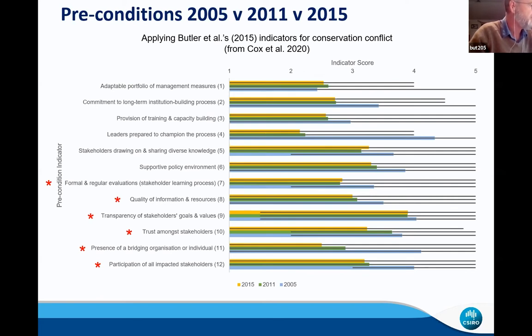The transparency of stakeholders' goals and values had actually remained the same, which was good. Trust amongst stakeholders also seemed to be declining. The presence of a bridging organization or individual had fallen dramatically, particularly between 2005 and 2011. And the participation of all impacted stakeholders had also declined.